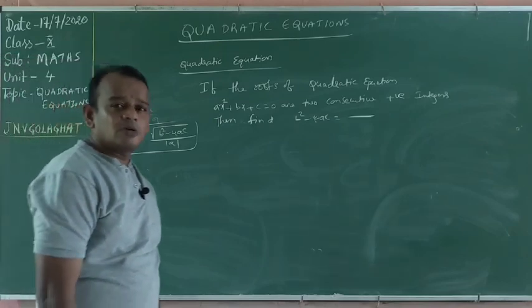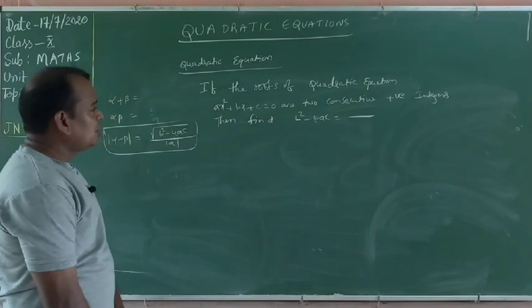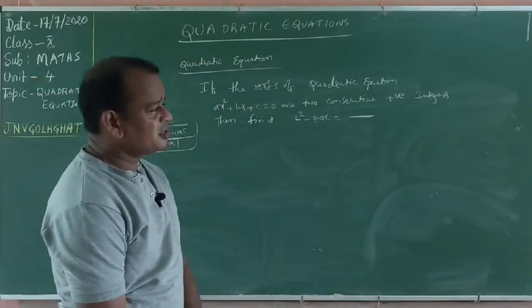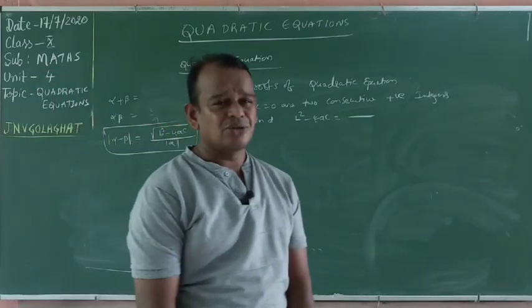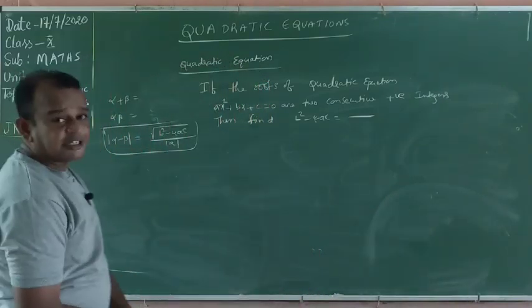Very important question. If the roots of the quadratic equation are two consecutive positive integers, or whatever consecutive integers or negative integers, then find b square minus 4ac.